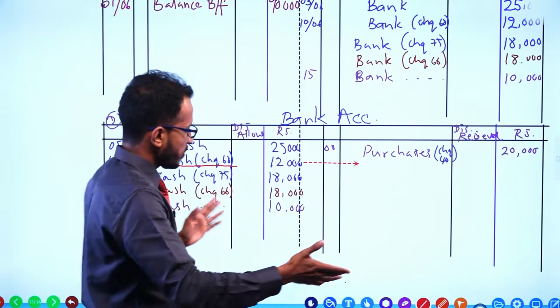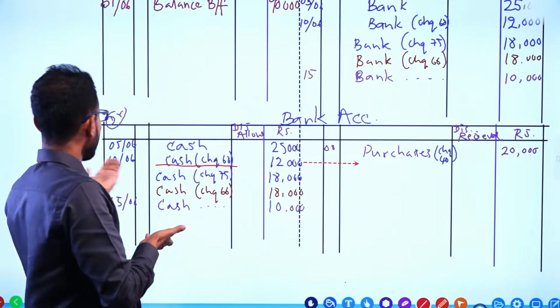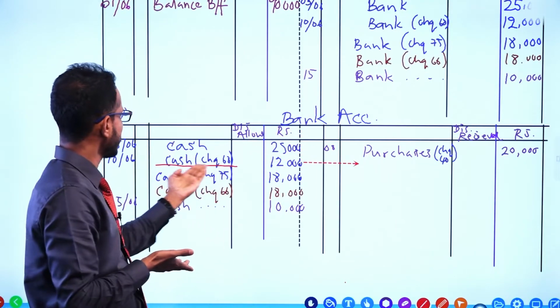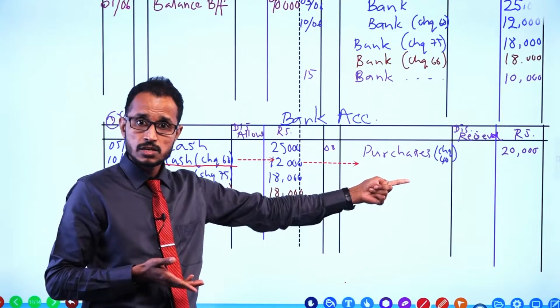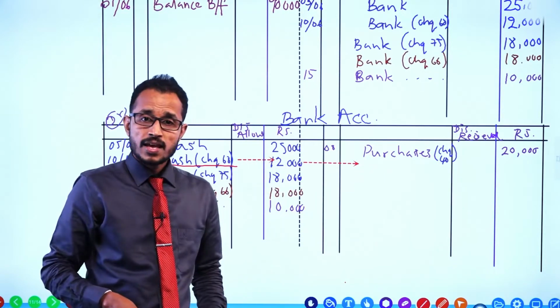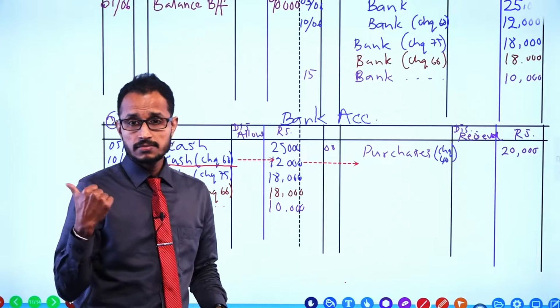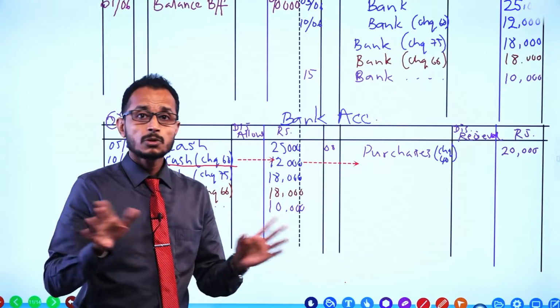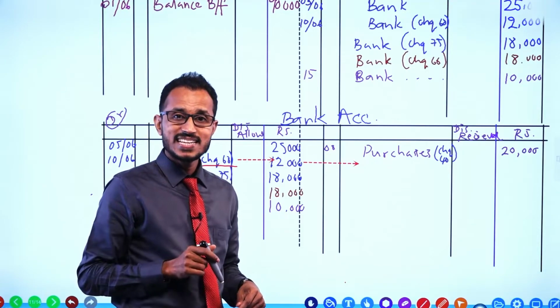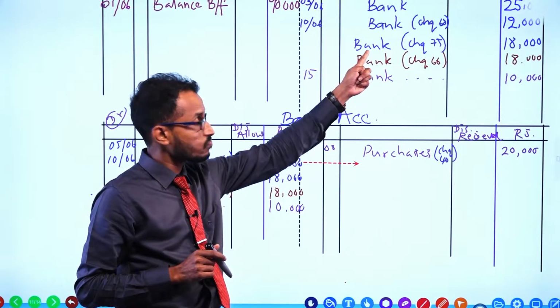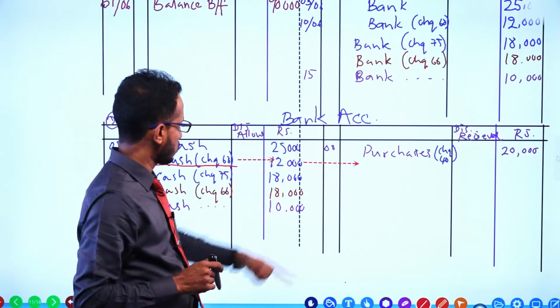Now, because we recorded in the debit side of the bank account, this should be cancelled. So we credit the bank book and we debit the debtor, because that guy has not paid us now. We should mention that in his account, not in the cash account.